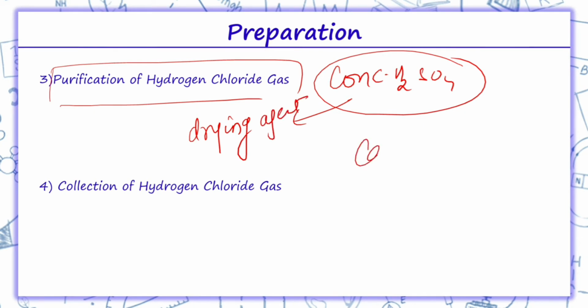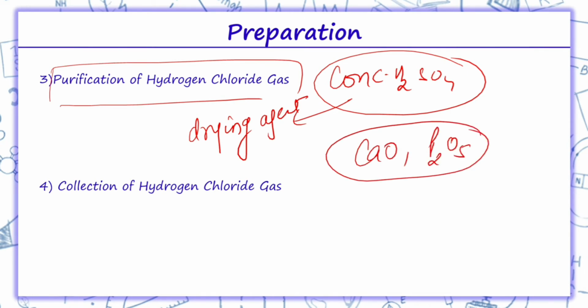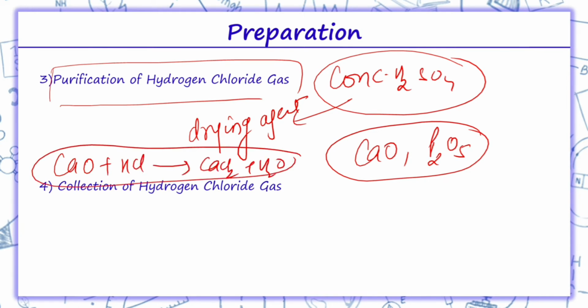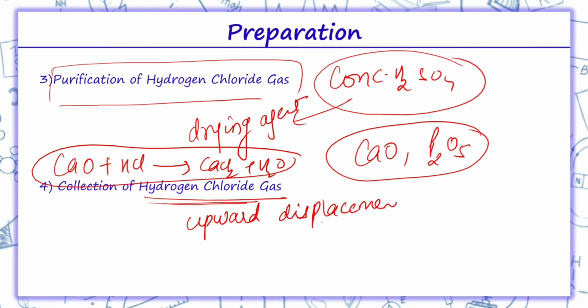Other drying agents like CaO and phosphorus pentaoxide react with hydrogen chloride and form their respective chlorides, therefore these are not used as drying agents. Hydrogen chloride gas is collected by upward displacement of air, since HCl is 1.28 times heavier than air.